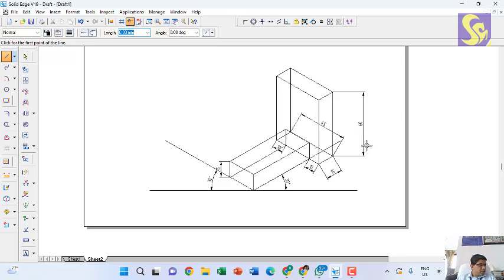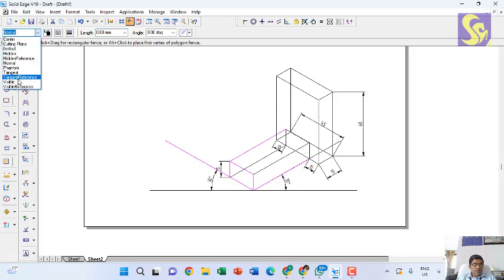So this is how it will be looking like, and I'll have to make some of the lines thick. So the front face of all this will be thick. This is also going to be visible.